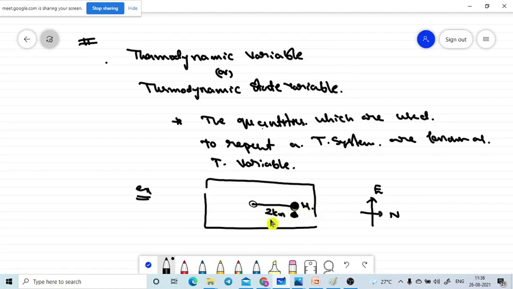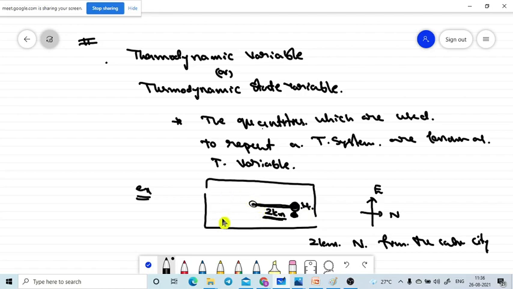One is the distance quantity, another is the direction quantity. Your house is 2 kilometers in the north direction from the center of the city. If you move 2 kilometers to the north of the city, definitely your house will come at exactly that point.